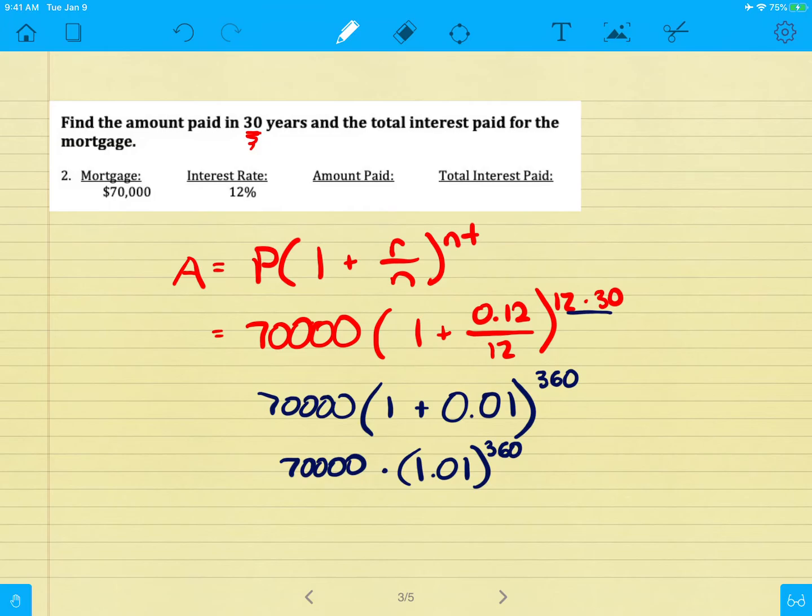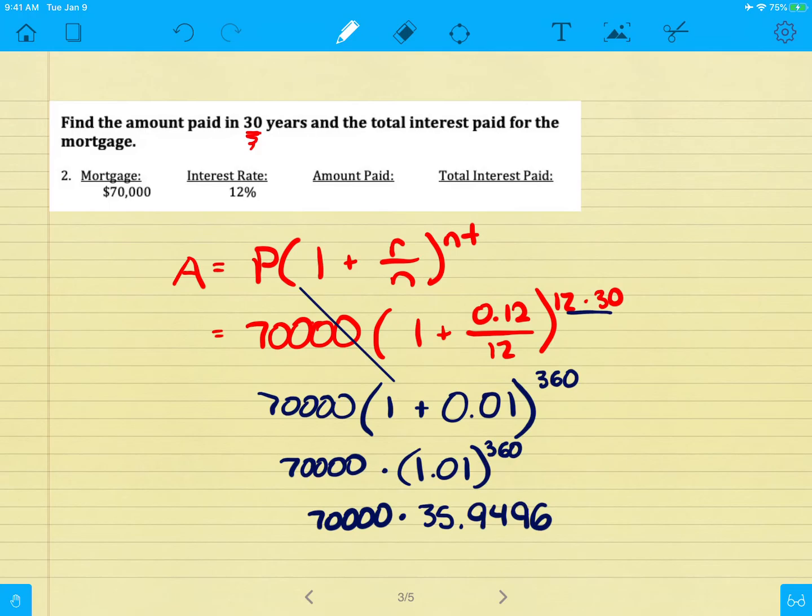Then you have to do exponents, so 1.01, and if you hit the little caret key, the little up arrow key, or the X to the Y key in your calculator, and you put it to the 360th power, this ends up being 35.9496, and then you're going to multiply that on a 70 grand mortgage times $70,000.